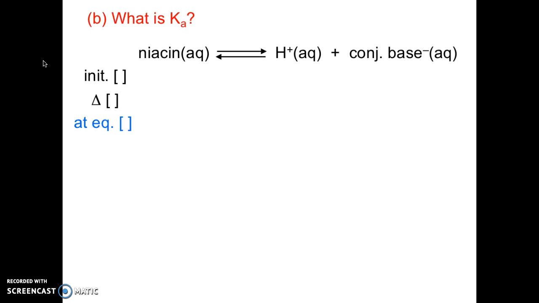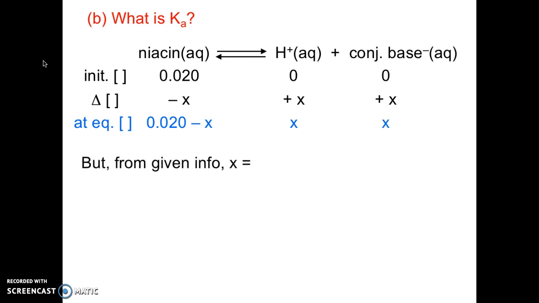The way you could calculate is using an ICE table, right? So if I give you that the niacin concentration is 0.020, at the beginning of the equation, we don't have anything on our product side. When we do a change, it would look something like this. And then at equilibrium, it should look something like this, right?